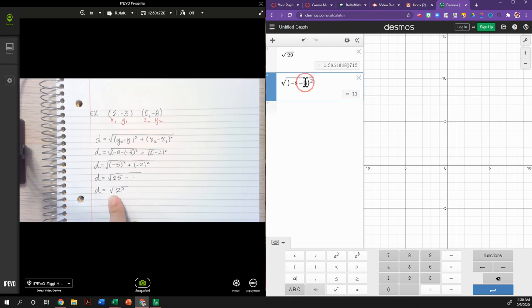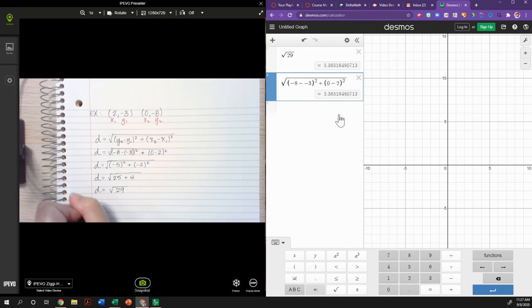It's minus -3, so we get that negative sign in there. And then plus, parentheses, 0 minus 2 squared. You can see I've got the same decimal answer.